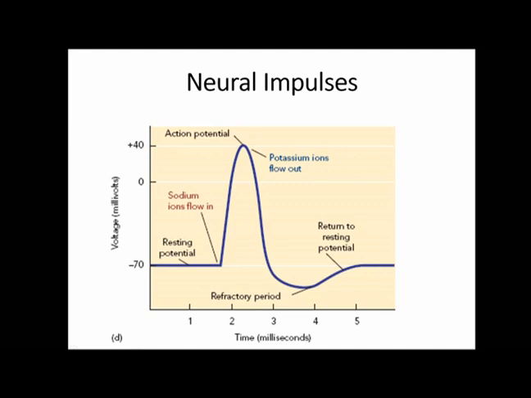It doesn't matter if the signal that's triggering an action potential is stronger, you're still going to have the exact same shape to this curve. All of the action potentials are going to look the same. They don't change in strength, so you're not going to see one that's higher or one that's lower. It's always going to be -70 to +40 and back again.